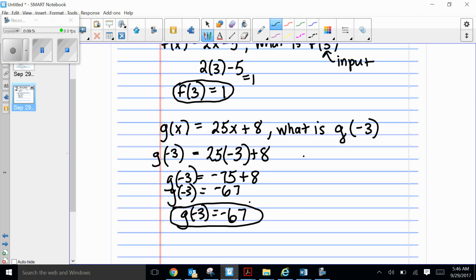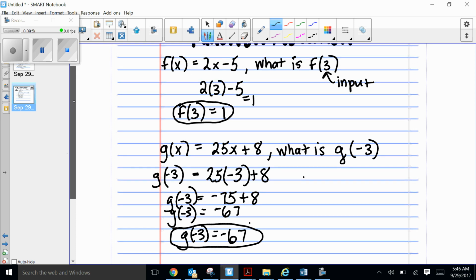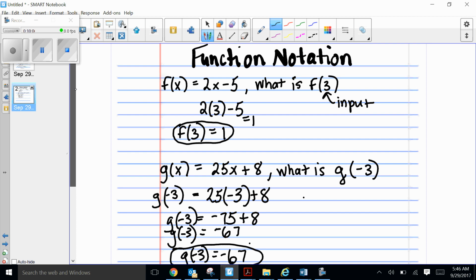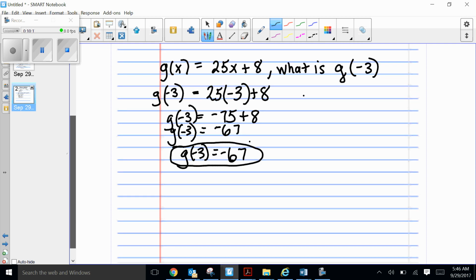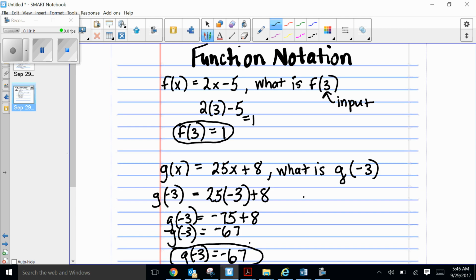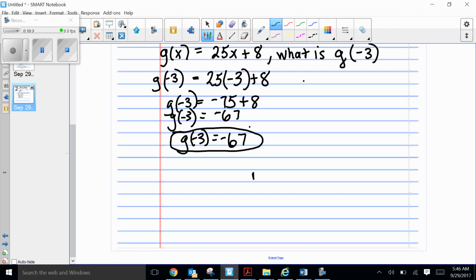Okay, so let's conclude our video. So hopefully what you have seen is that function notation is just a way to note what your input is for your equation, and we take that input and we plug it in. So I think the common mistake that we have, to wrap things up, is don't make the mistake of thinking that f of negative 3 means that this is y.